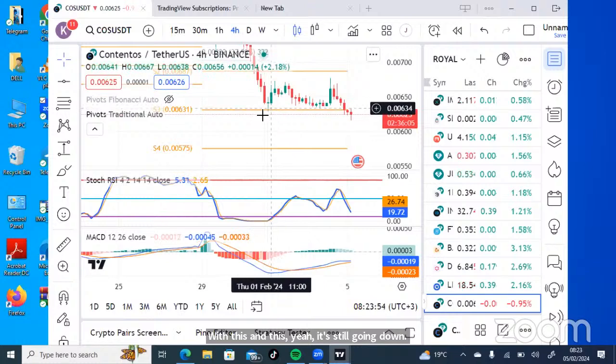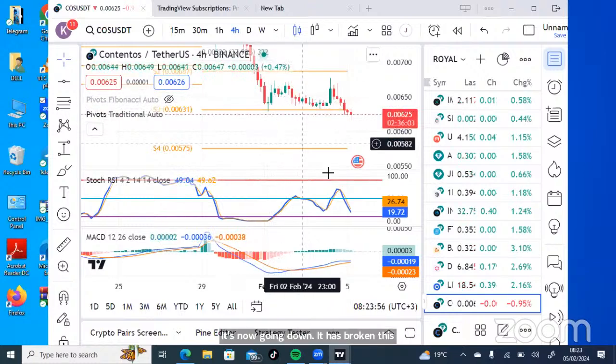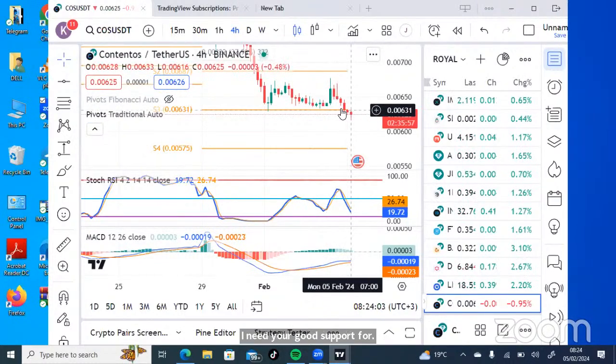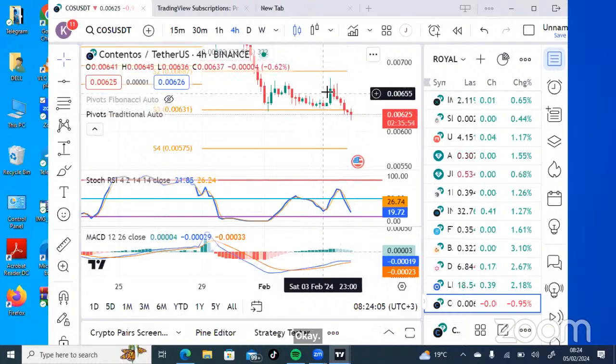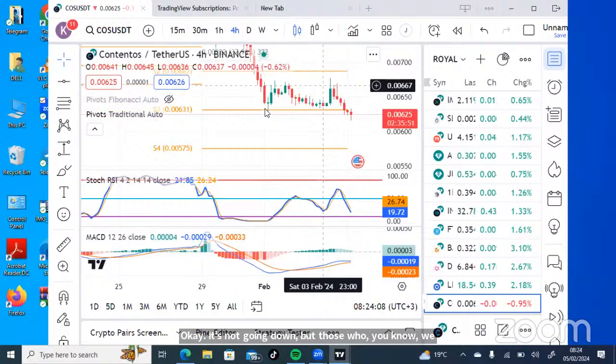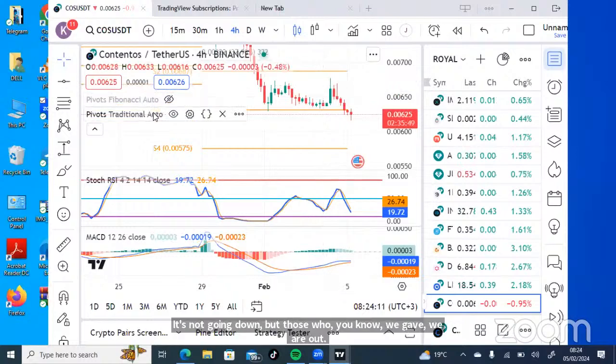It has broken this support 3, and it will go to support 4. It's now going down. But those who entered as a signal we gave, we are out. We are out.